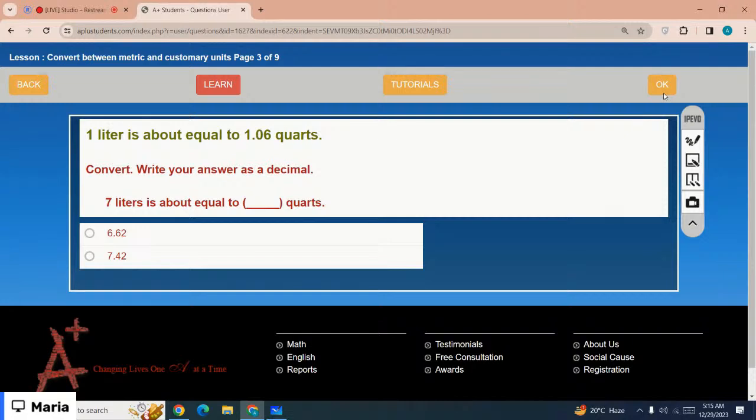One liter is about 1.06 quarts. Convert 7 liters equal how many quarts? So which is the correct option?